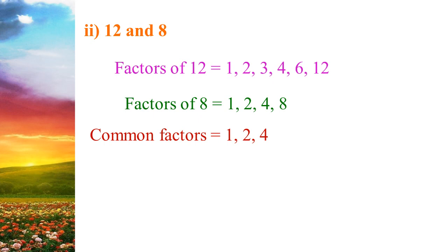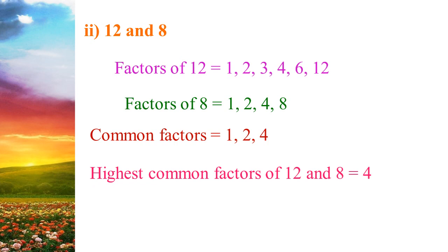Then we have to find the common factors of 12 and 8. Common factors of 12 and 8 are 1, 2 and 4. Finally, we have to find the highest common factor of 12 and 8. Highest common factor of 12 and 8 is 4. Therefore, HCF is 4.